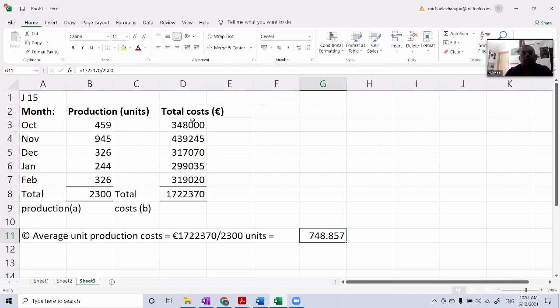The examiner wants the answer to 2 decimal places: 748.86.